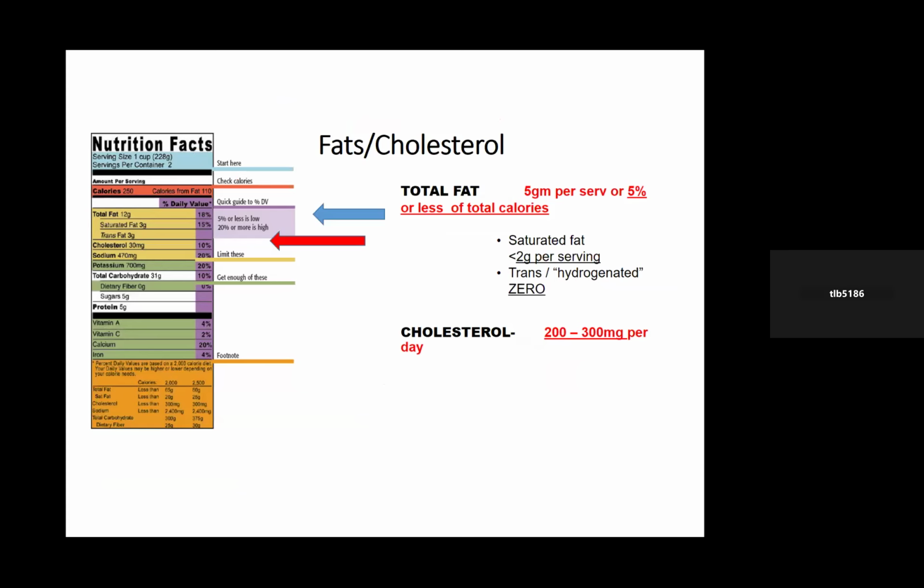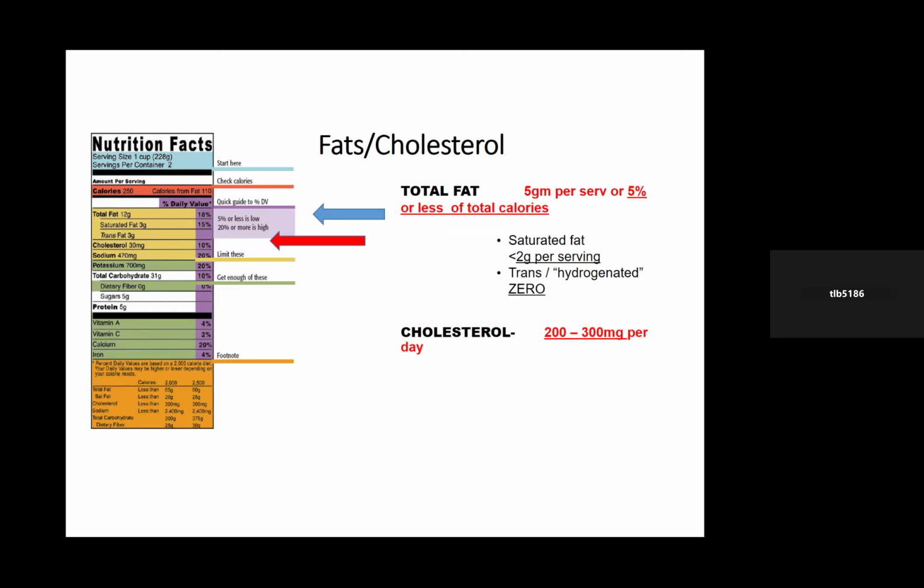We talked about the carbohydrates, the fats, the proteins. When we look at fats and cholesterol, it's important that we maintain low cholesterol consumption. We want to keep our cholesterol low.